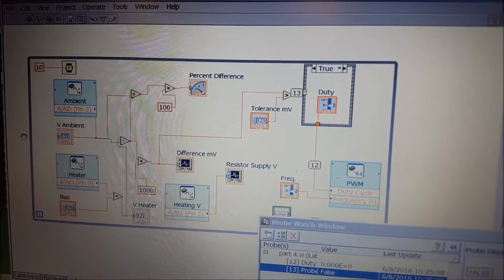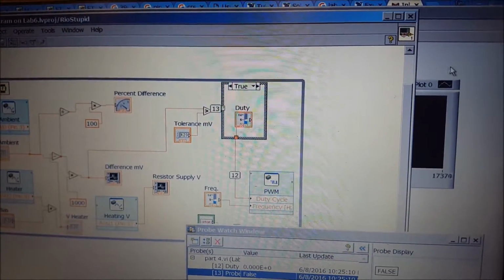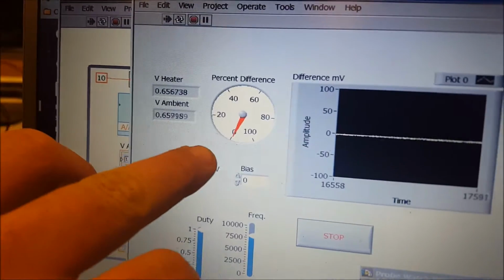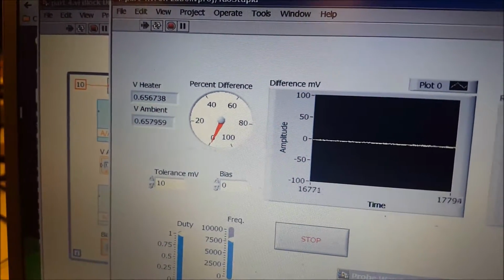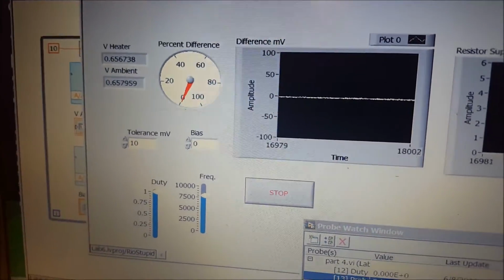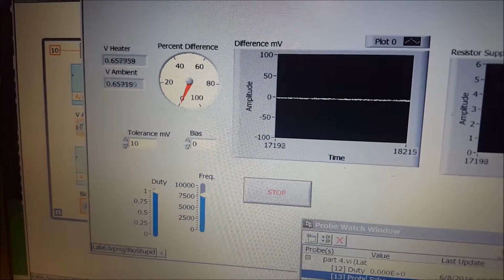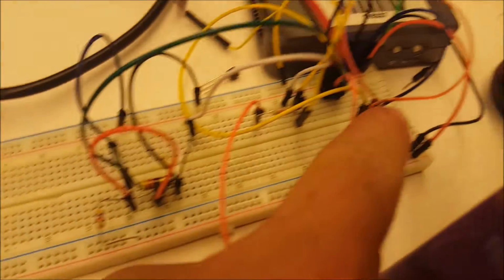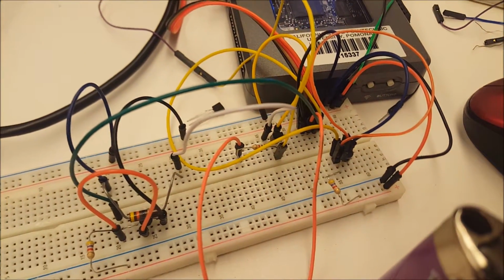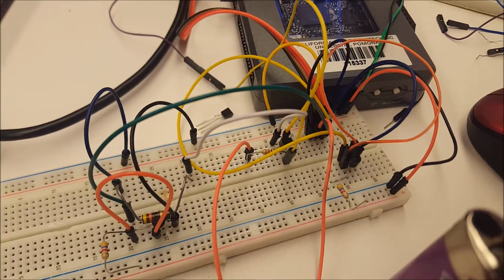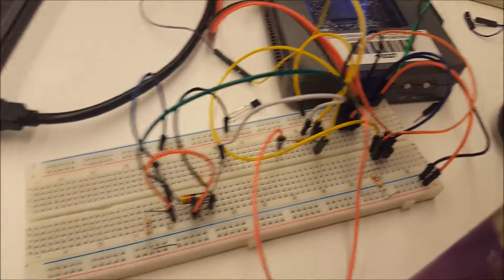And when it does this, we have a graph here that shows the percent difference between the heater and the ambient. Our duty cycle is at 1, which is pretty much 100%. So we have 5 volts going to the rail. When this activates and lets the PWM go through, we should get a resistor supply of 5 volts, and it should heat up pretty quick.